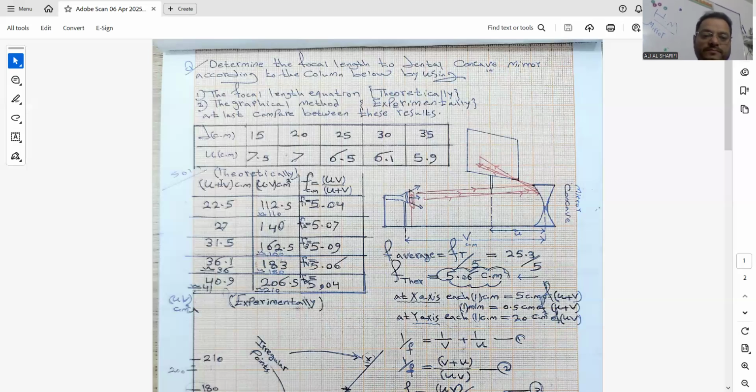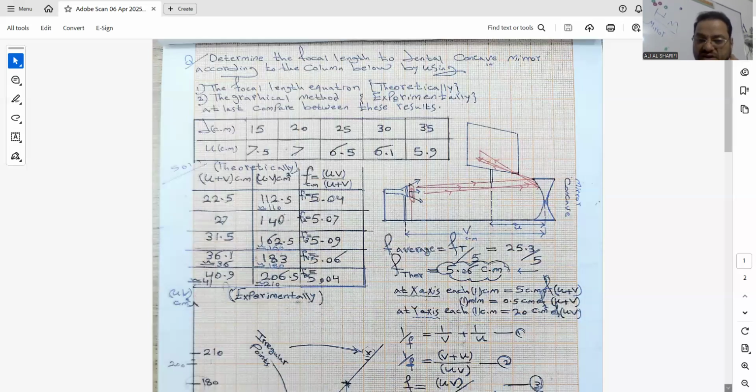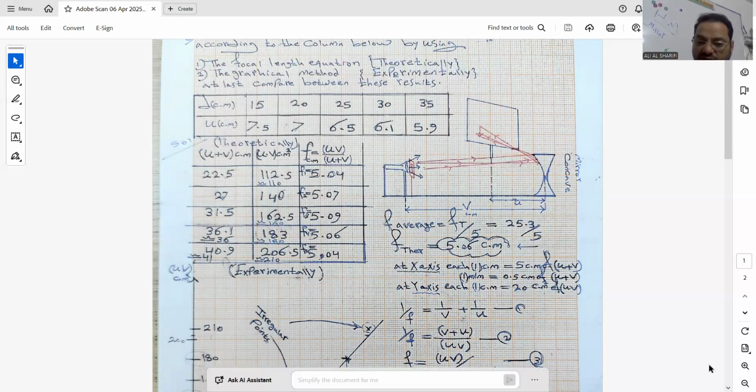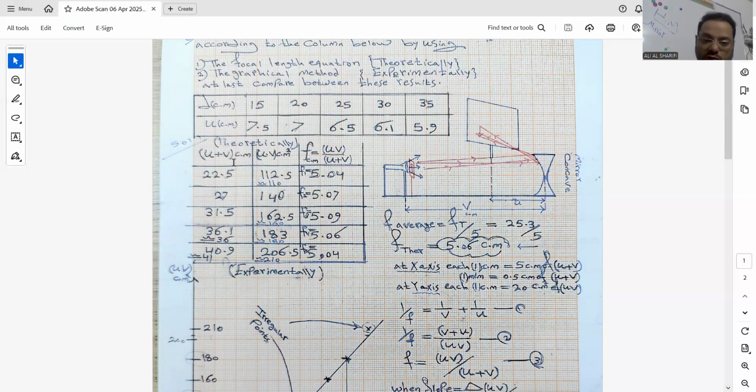Okay. Here, from the equation 1 over focal length equals 1 over V plus 1 over U, we can simplify this to f equals U multiplied by V divided by U plus V. That means I need a U plus V column and a U multiplied by V column with centimeter square.